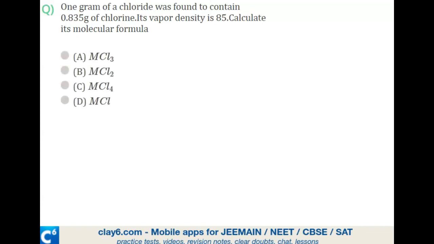The most simple and easy way to reach the solution of any numerical is to note down the given values in the question. It will be very helpful in order to solve the problem much faster.